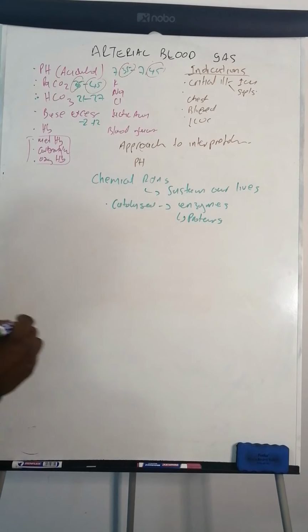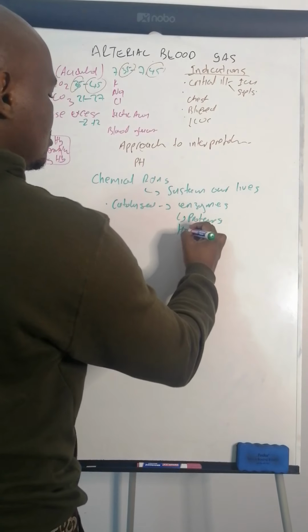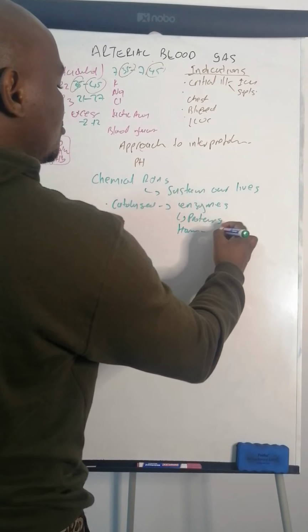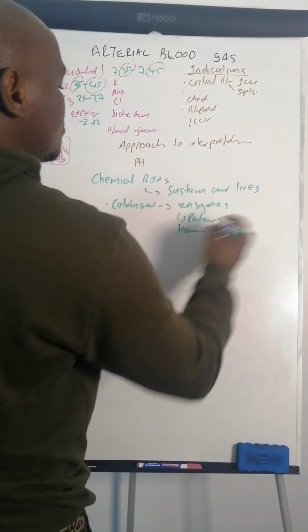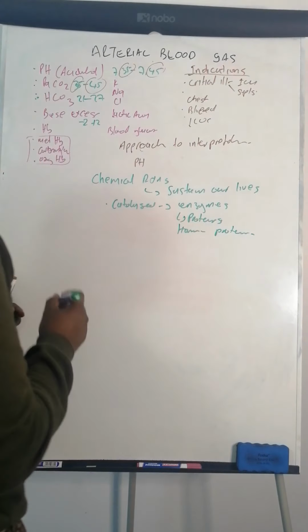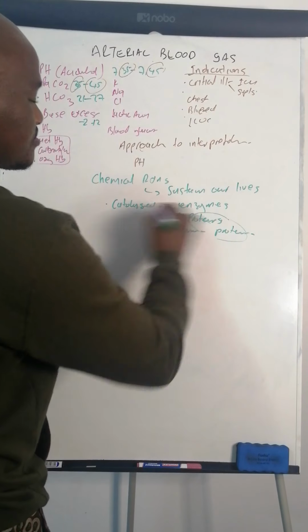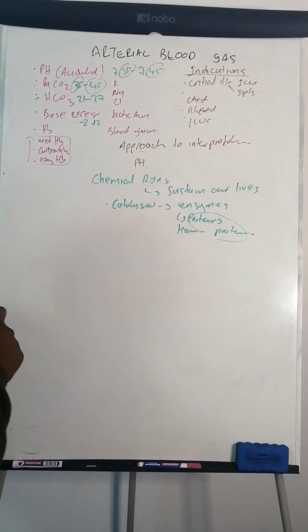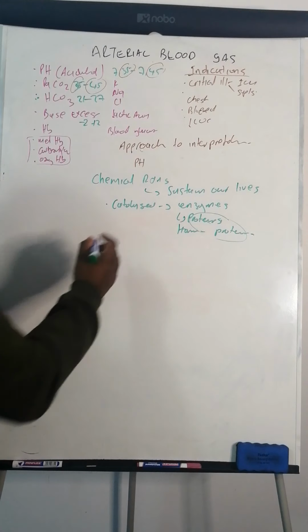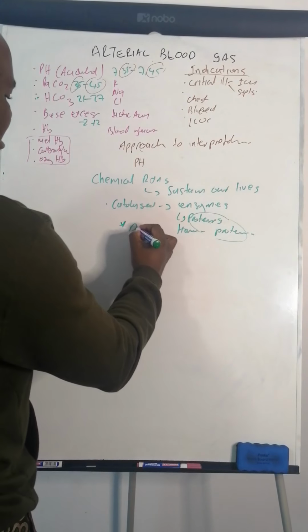And remember, some hormones are also proteins. So what I want you to remember here is proteins. And we know that proteins are very sensitive to high temperatures and low temperatures. They're very sensitive to changes in pH, like extreme changes in pH, such that they denature.